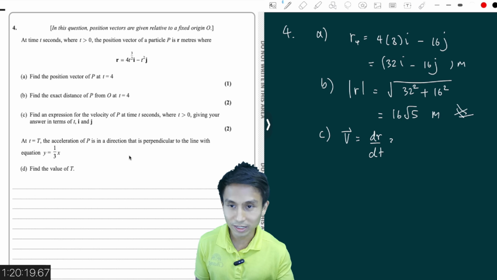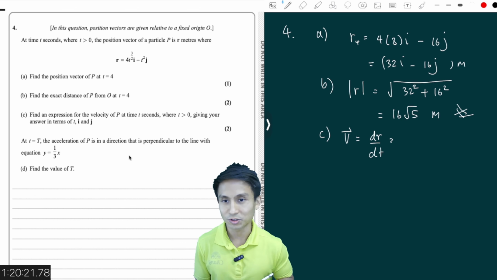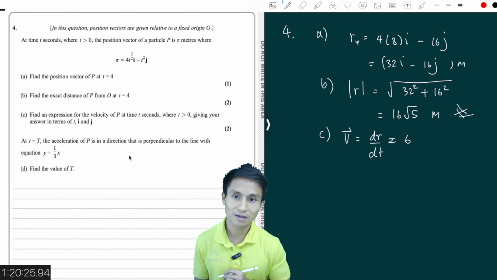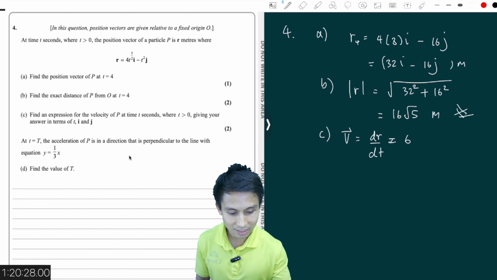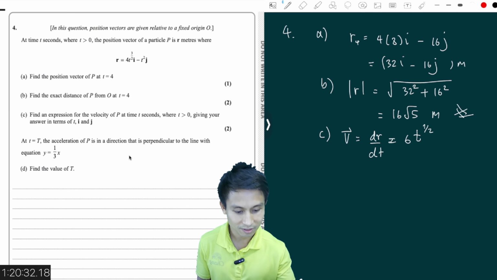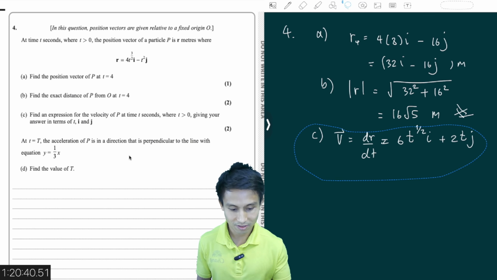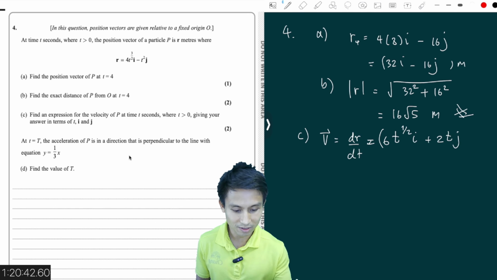It's just pulling the power down, so 4 times 3/2, we get 6, and then t to the power of 1/2. That's for the i, plus differentiating t squared, we get 2tj. Isn't that done? Yeah, it is, because they only want that.